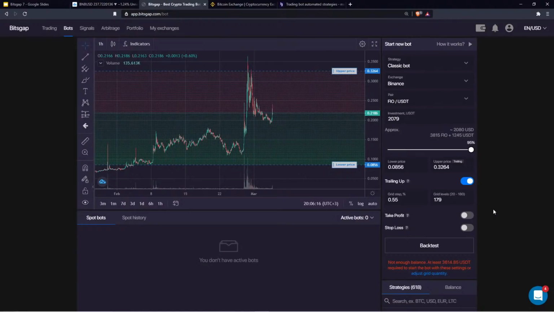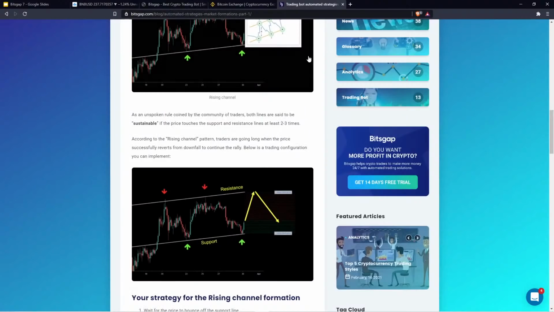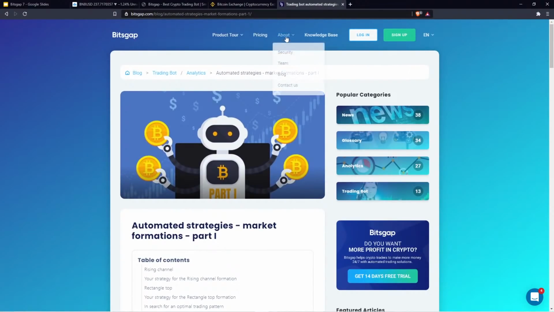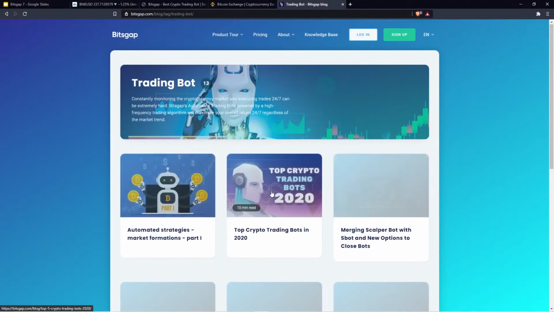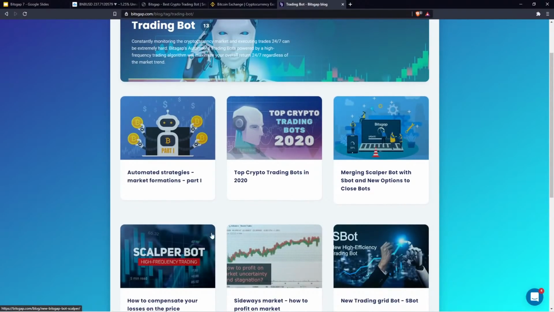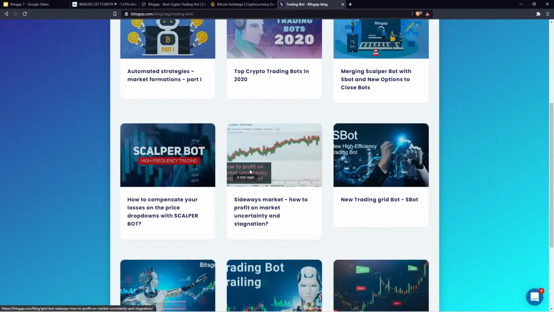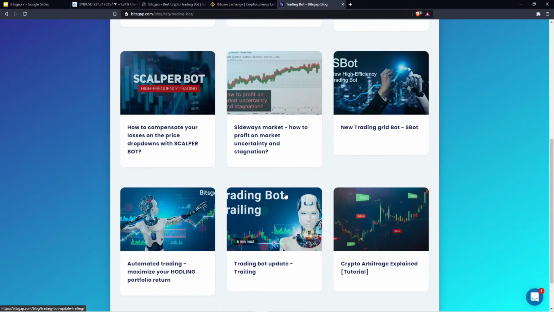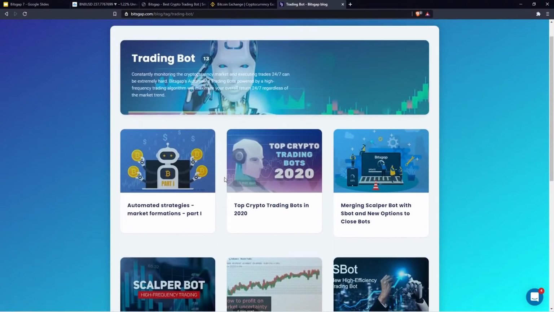To learn more about automated bots, go to the blog, and there is a section about trading bots. Articles that I made, like the rest of them, are about different strategies that you can use, tips and tricks, trailing up explained, stop loss explained, so everything is here.